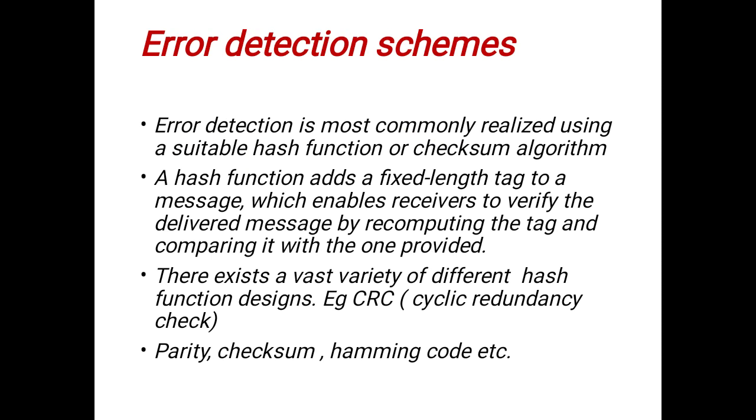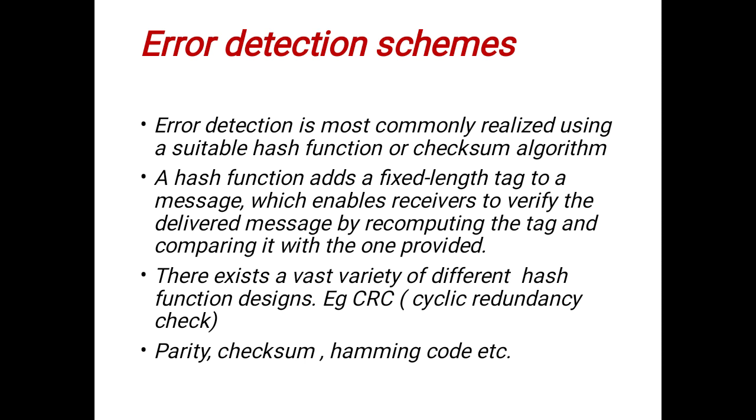Now, error detection schemes. Error detection is almost commonly realized using a suitable hash function or a checksum algorithm. Okay, a hash function adds a fixed length tag to a message, which enables the receiver to verify the delivered message by recomputing the tag and comparing it with the one provided. This we have already discussed.